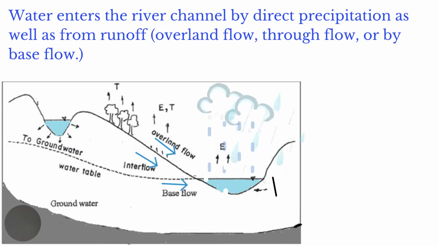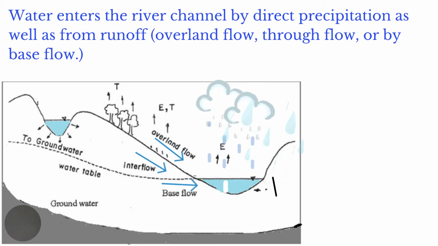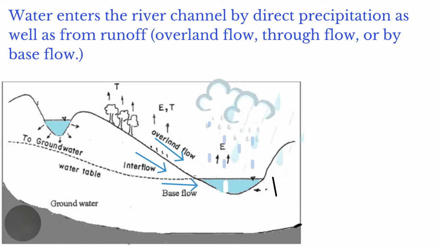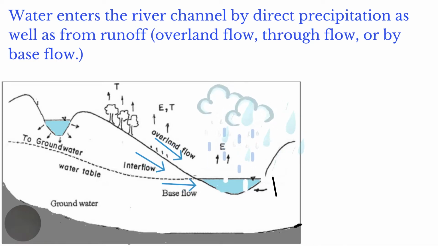Water enters the river channel by direct precipitation as well as runoff. Runoff, in turn, includes overland flow, which is where water flows over the surface, interflow or through flow, where water flows sideways through the unsaturated zone, or base flow, which is where the water flows sideways through the saturated zone.